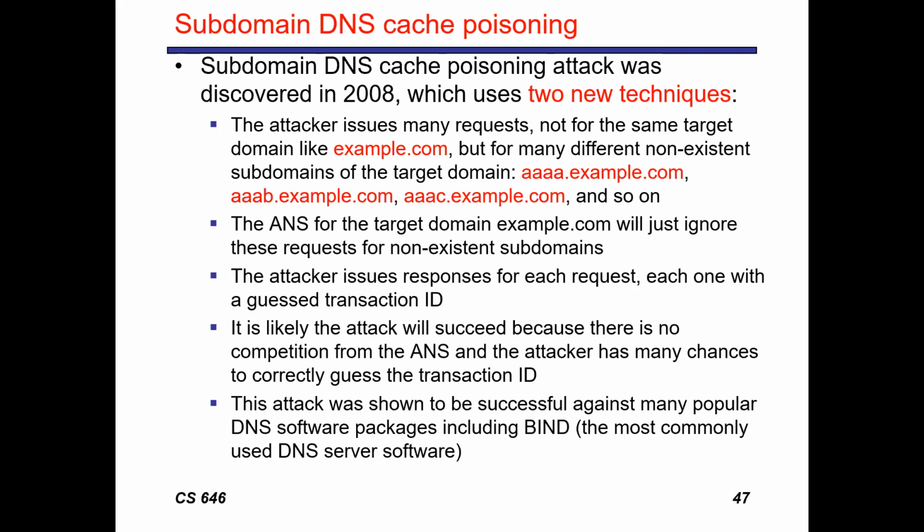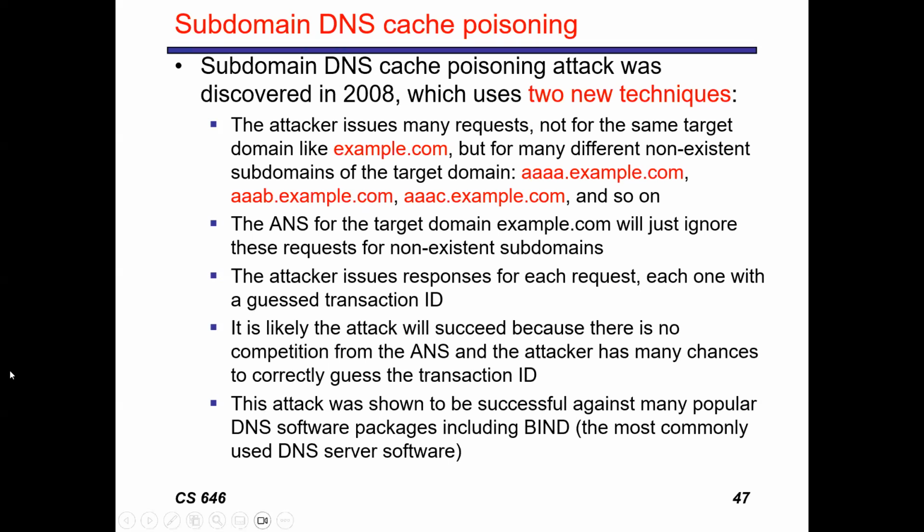In the meantime, the attacker will issue responses to each of these requests, guessing the transaction ID. Now the attacker has more time to guess the ID of these non-existent domain query replies, because the authoritative name server is not replying since these domains don't exist.